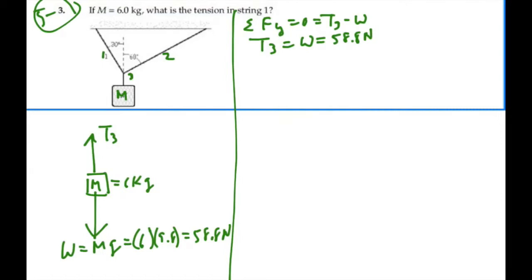Now, we wish to find the tension in strings 1 and 2. Here's an unusual way that we can solve this problem, just by the fact that we're lucky enough to have a right angle between these two other tensions. Because if we were to look at the knot and do a free body diagram of the knot, we could set this up in such a way that our y-axis was going along this direction and our x-axis was going along this direction.